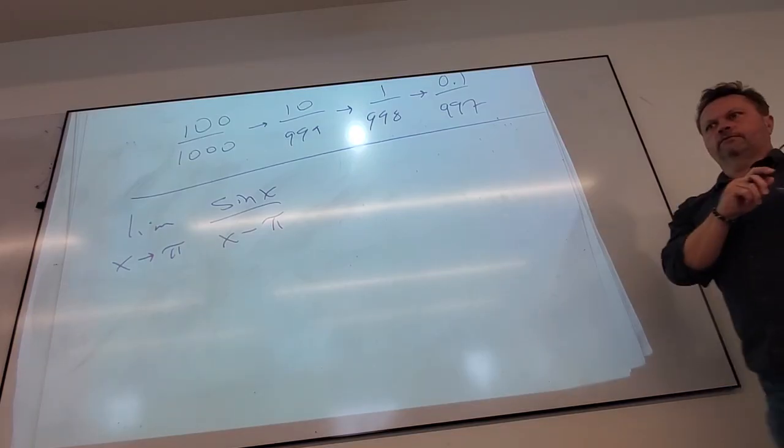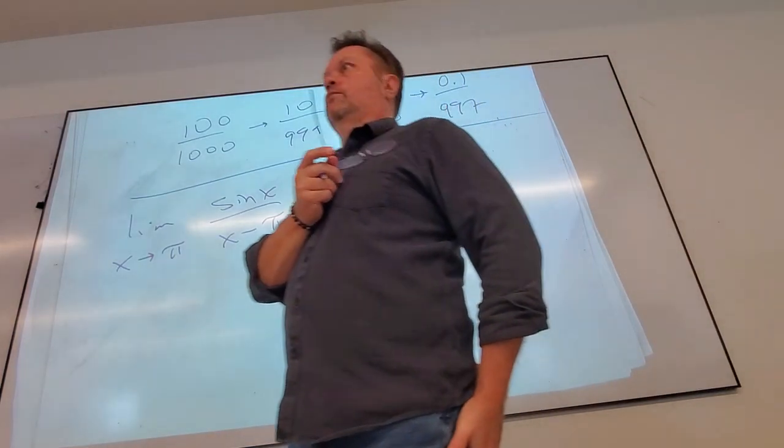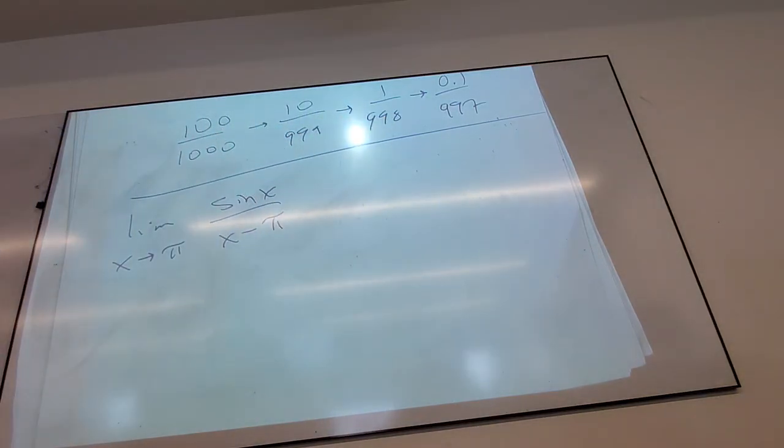What form is that in? Bottom is 0. And the top is 0. So 0 over 0. What form is it in? Indeterminate.